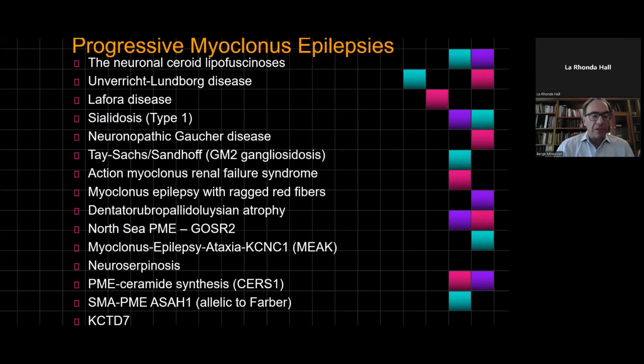There are several others. I want to just say that most of these progressive myoclonus epilepsies are lysosomal diseases, and I highlighted those in yellow. And that has a particular significance, which we'll talk about as we go forward in the talk.